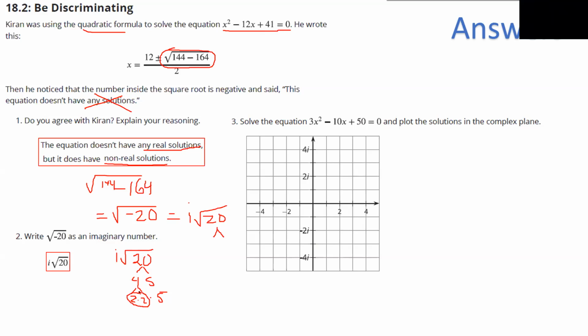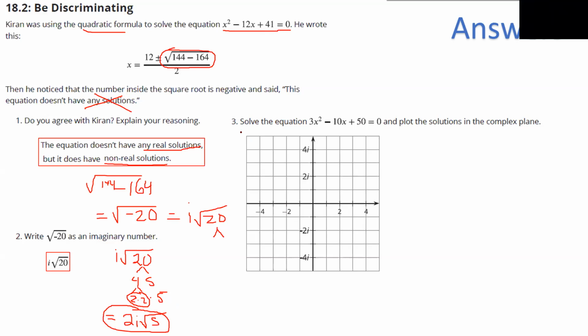Since we have a pair of 2's, the square root of 4 is basically 2, so this will become 2i, and then since the 5 cannot be broken down anymore and doesn't have a pair, it will stay inside the square root, so that would become 2i square root of 5. And that's what I want to make sure you guys continue with. You're going to be needing this in the future. Okay, so that's what it would break down to.